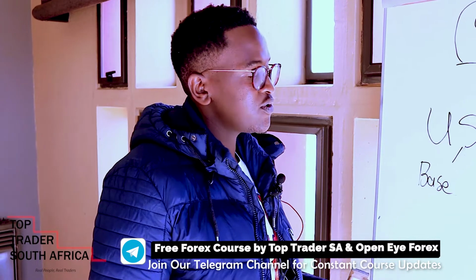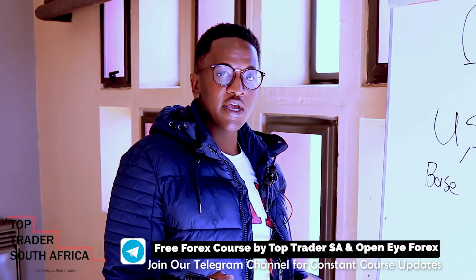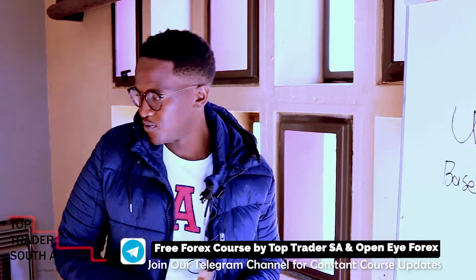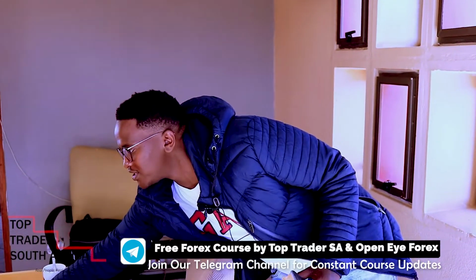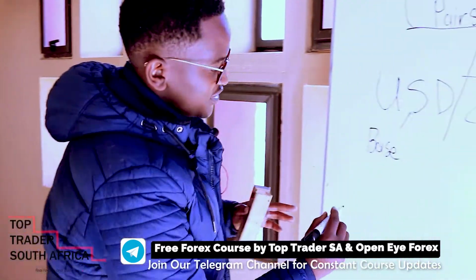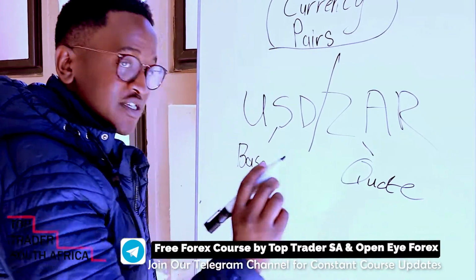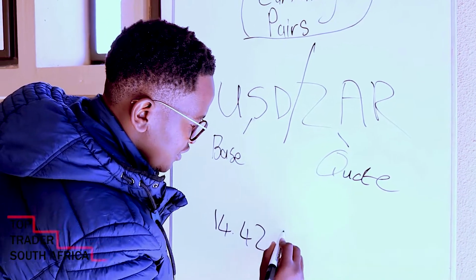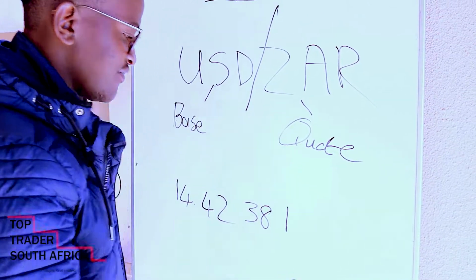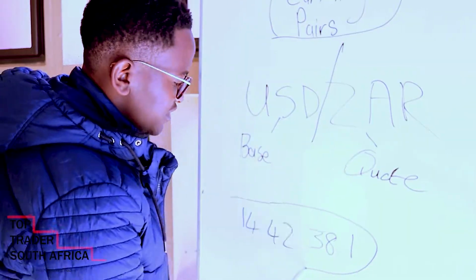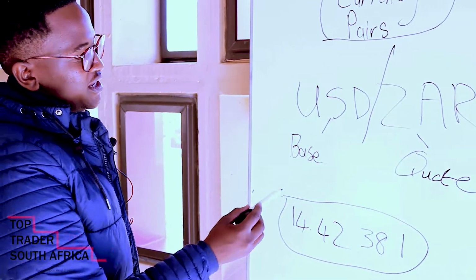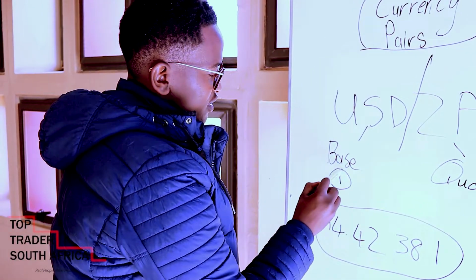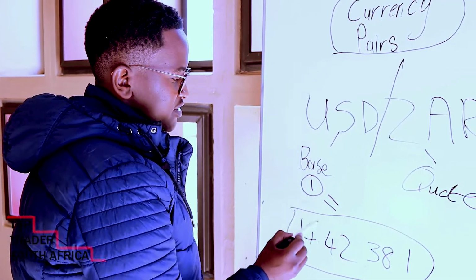Later on in the course, we'll show you how to read a Forex quote. But basically, when you look at the price on the screen, this price is showing you one thing: that 1 unit of the base is equal to the price on the screen.